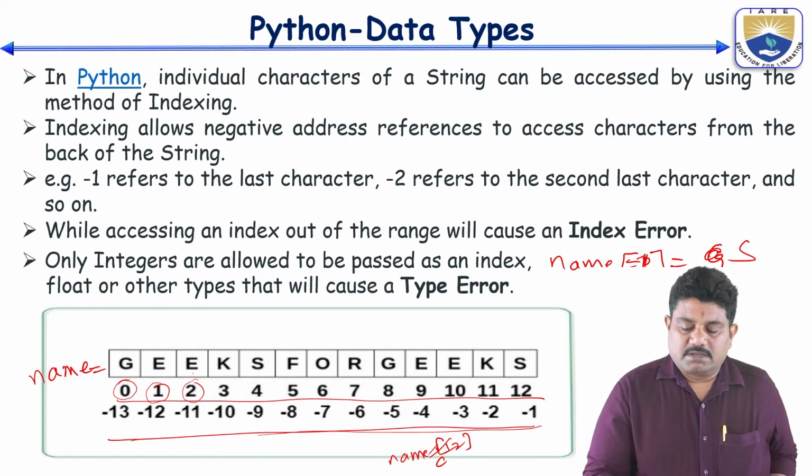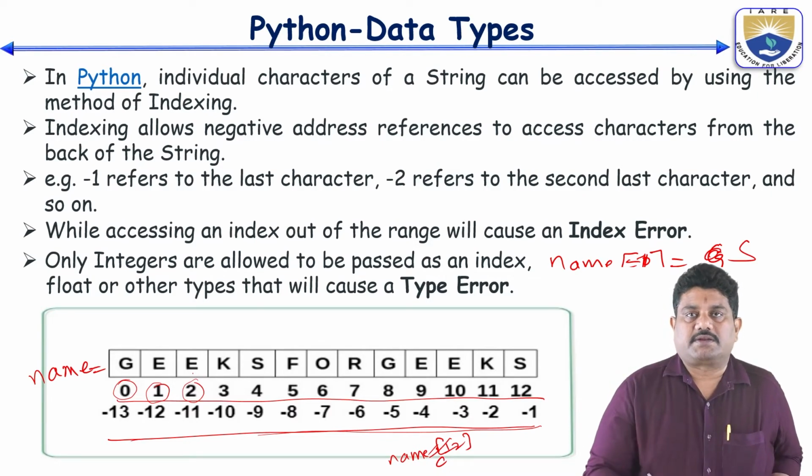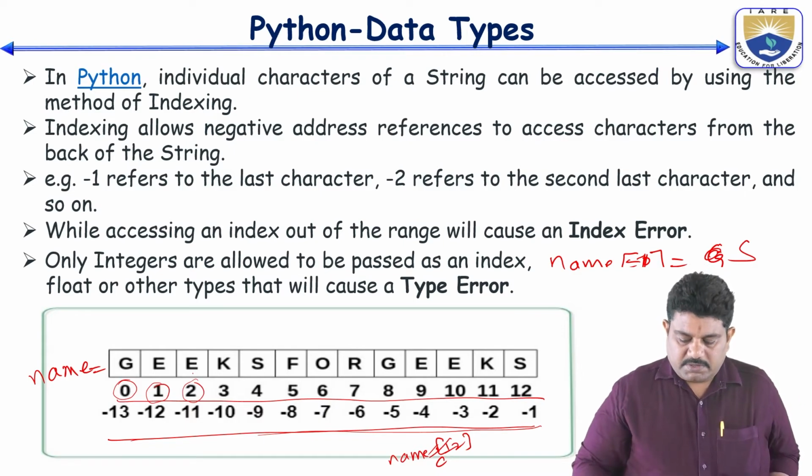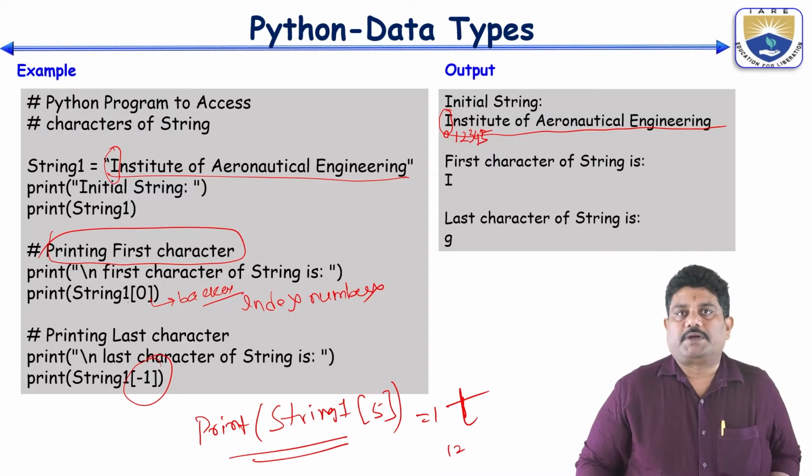But Python resolved all those things, and it gives negative numbers starting from -1. -1 indicates the last character. -2 indicates the last but one character, like that, so on till the first character. So this is how you can access strings in Python.